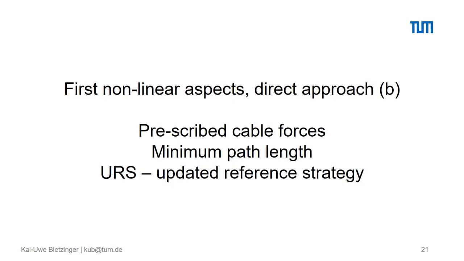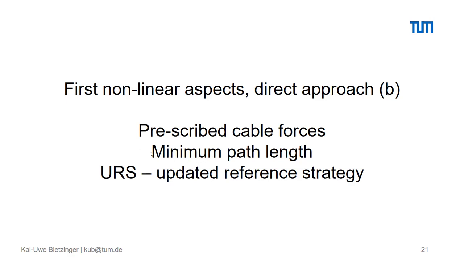We now arrive at first nonlinear aspects, which appear, for instance, if we follow this direct approach, I call it number B, when we directly prescribe the true cable forces of the deformed configuration and try to find the related shape of equilibrium. In particular, that is a question of minimum path length nets.